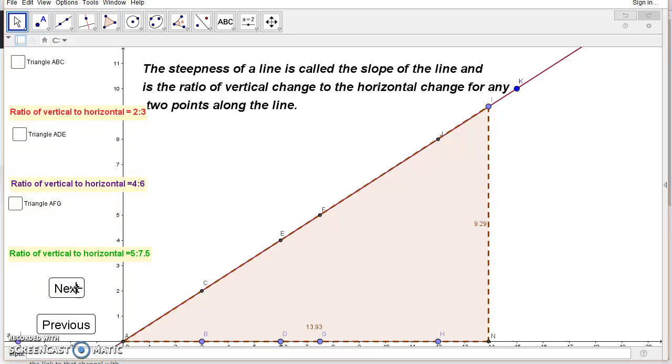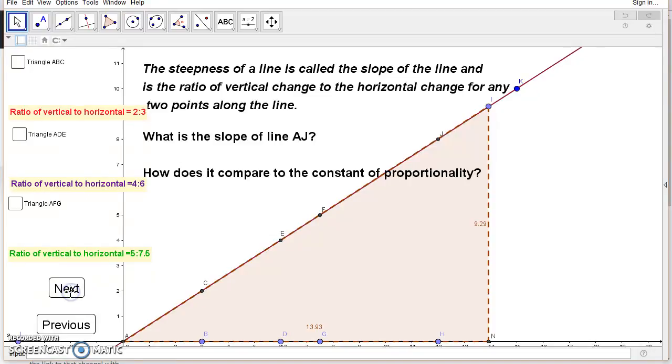In class, we also talked about slope being rise over run. Either one of those would work. So I need to figure out what is my vertical change and what is my horizontal change. I already have my ratio of vertical to horizontal. So what is the slope of line AJ? It will be 2/3.